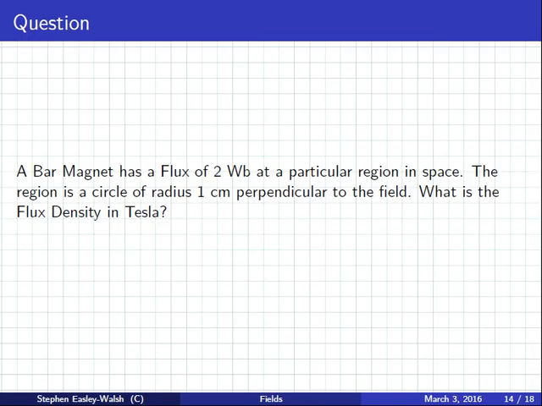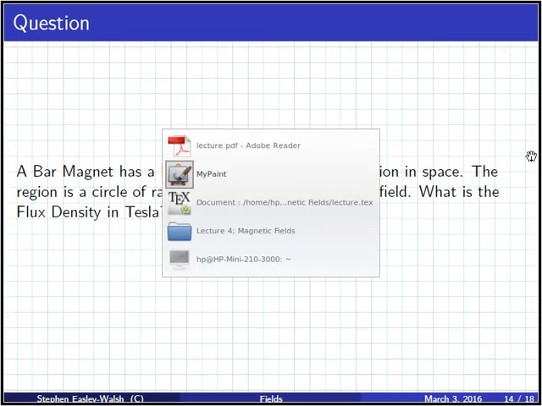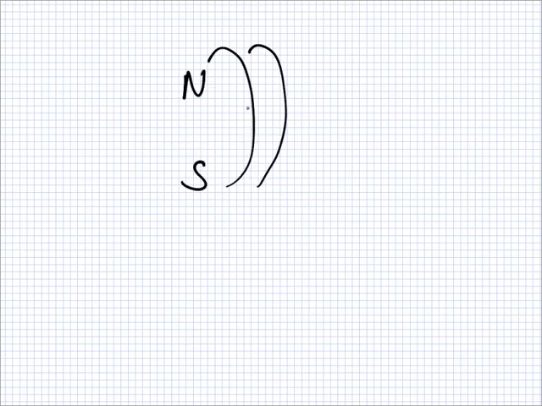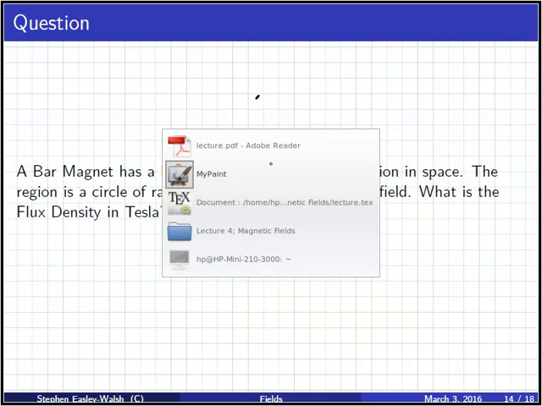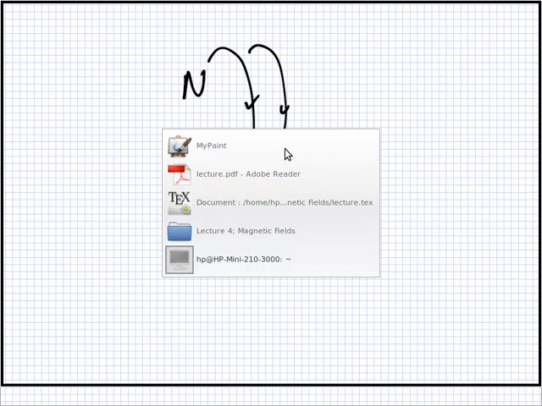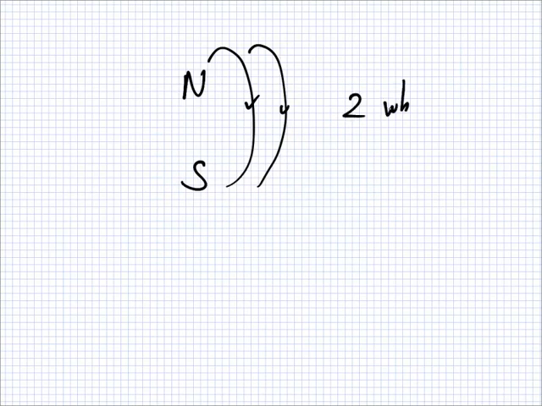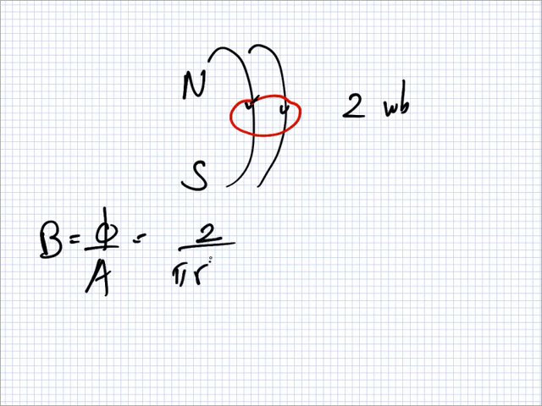Okay, can I do this one? Yeah. So, you have north-south. What was it? 2 Webers, was it? Yeah, 2 Webers. And the region was a circle. So the magnetic flux density is magnetic flux over area, which will be 2 divided by pi r squared, which will be 2 divided by pi.